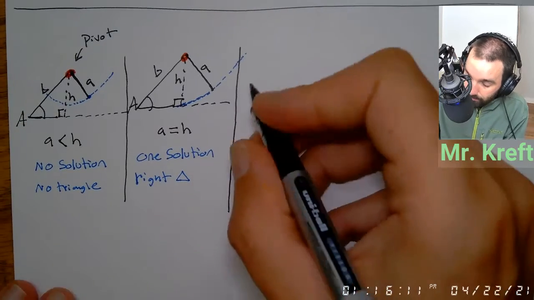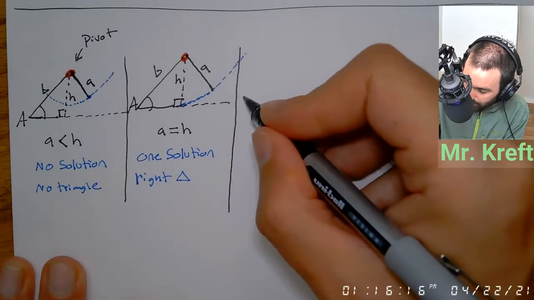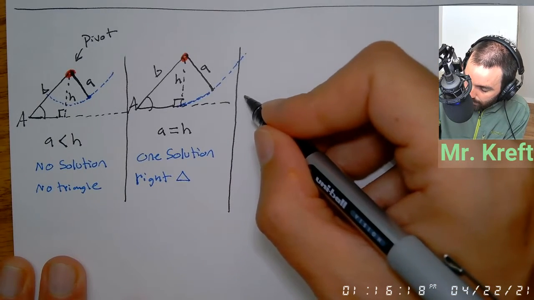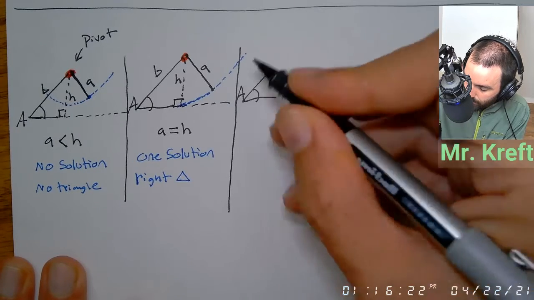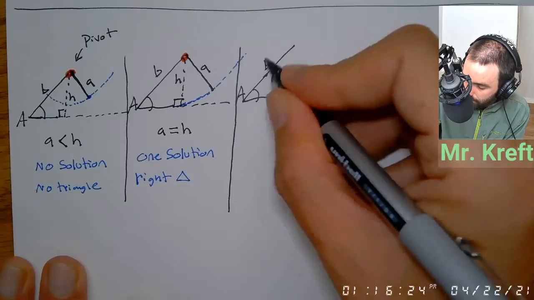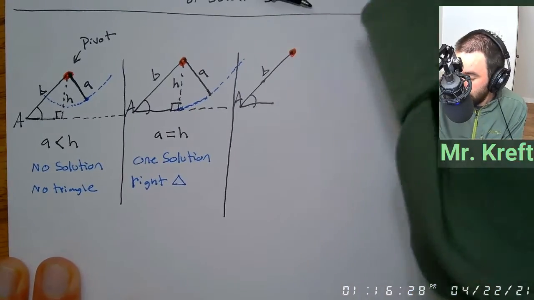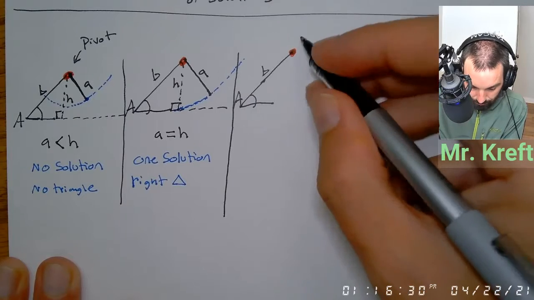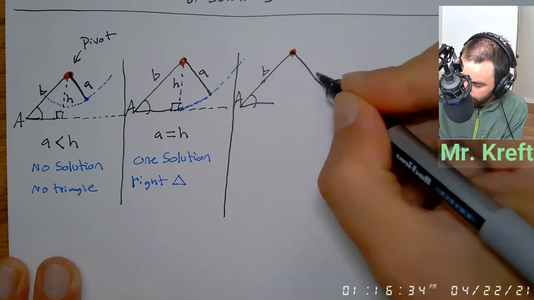All right, so next up, we're having the same thing here. We have angle A, we have side B, we're going to have a pivot, and then what happens if A is really long?